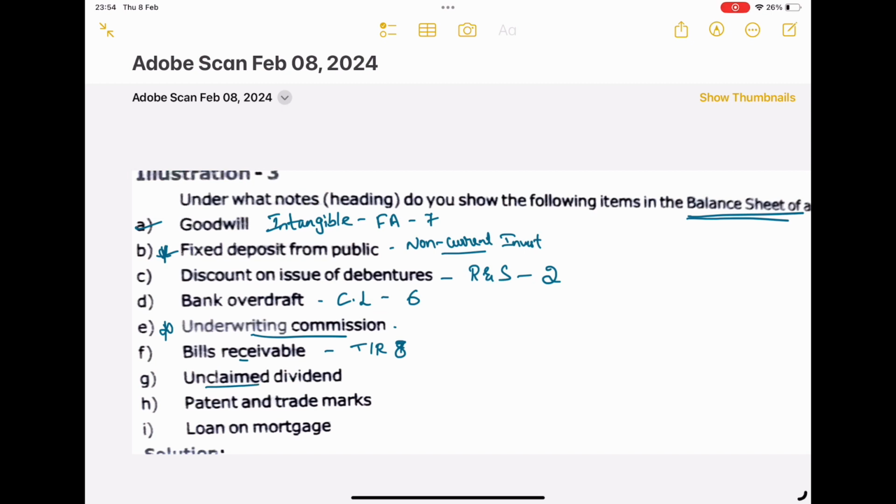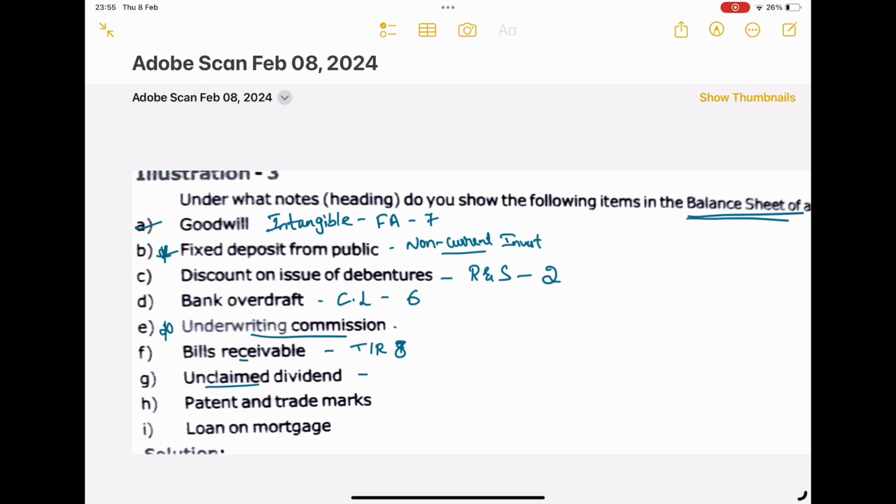So unclaimed dividend means the dividend which is not claimed by, or not being paid by, the company. For example, the previous year's dividend not yet paid is a liability of the company to pay this year, isn't it? So unclaimed dividend is a liability, that is a short term liability.